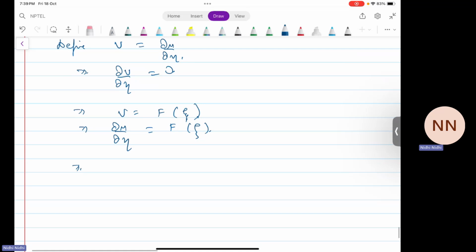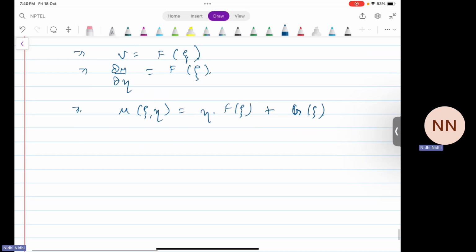Now integrating both the sides with respect to eta, we get u is equal to eta times f of zeta plus some function g of zeta.